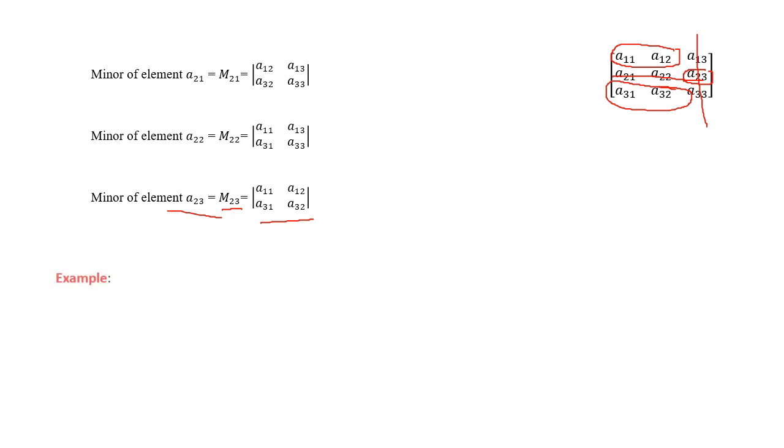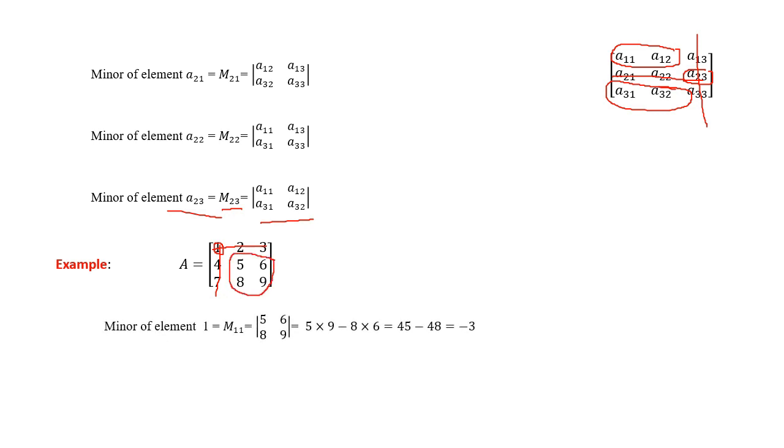Now I will consider a particular example of a 3 by 3 matrix. In this matrix, if I consider this first element 1, what is the minor of this 1? The minor of this 1 is obtained by deleting the first row and the first column. After deleting them, we have these four numbers, and taking the determinant of these four numbers, the minor of 1, denoted by capital M11, will equal this determinant.